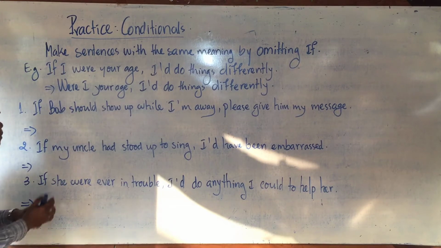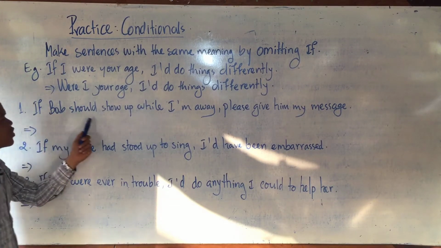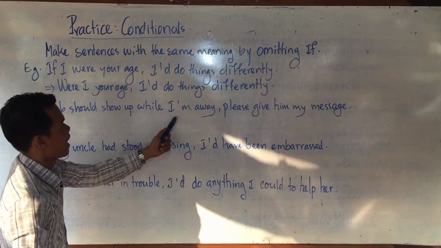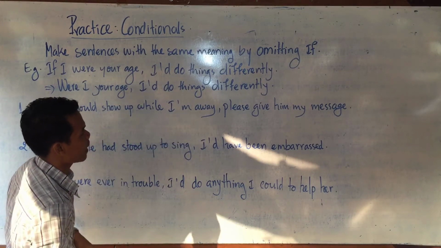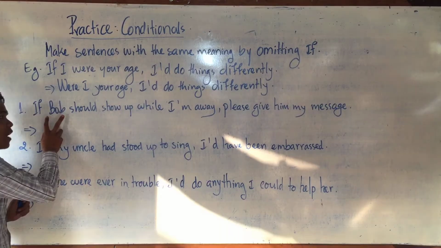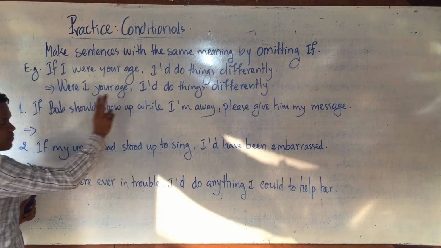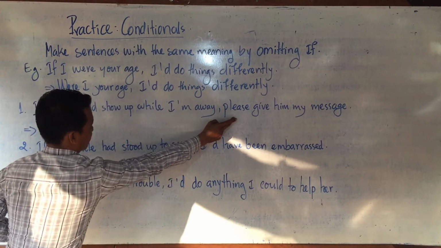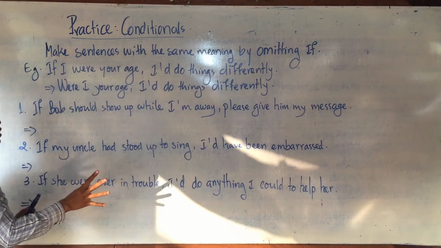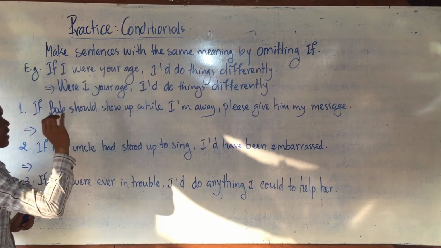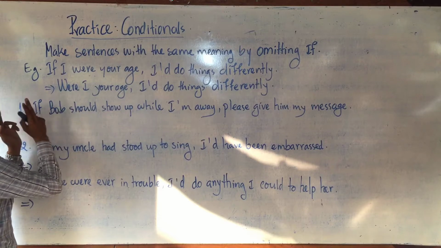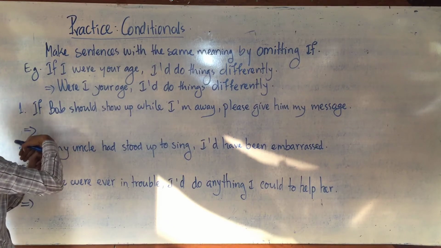Okay. Number one. If Bob should show up while I'm away, please give him my message. It is an if clause with should, and then an imperative. So what should we do in order to omit the if clause? So if is omitted and then subject-verb inversion.